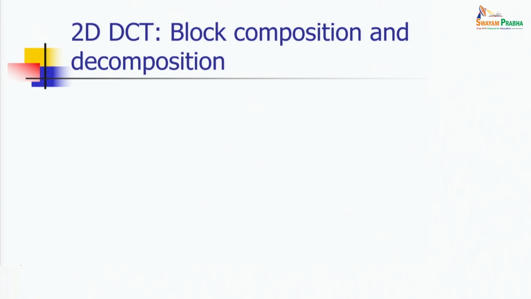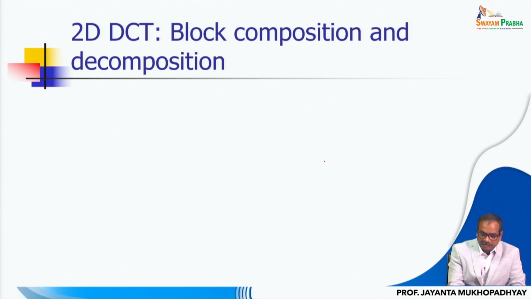Now, if I want to extend these particular computations to 2 dimensions, what can we do? We can perform the series of column transformations. We can perform each and every column transformation into the row transformation. So, let me explain once again the way we have extended the property for the forward transform.